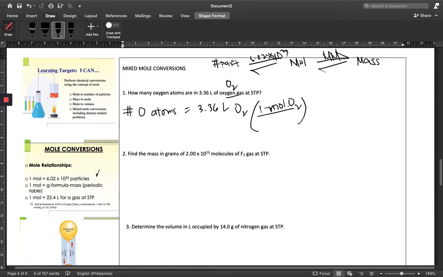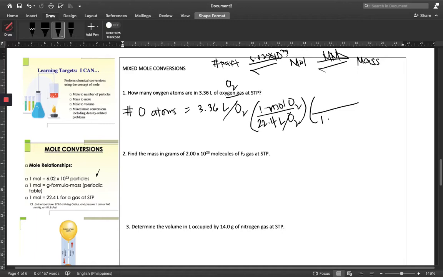This time we must be complete because it gets a little bit tricky if we don't use the appropriate labels. So 1 mole of oxygen gas is equal to 22.4 liters of oxygen. And then we can cancel this out, and now we have moles of oxygen gas. But we can convert this into the number of particles.